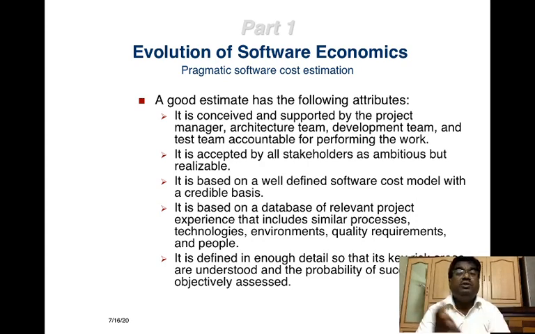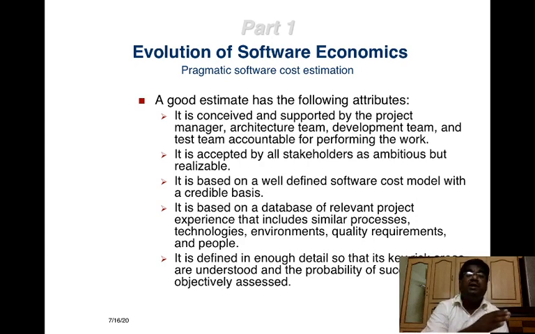As I told you in the previous slide also, the development of the entire project is based on the cost estimation. Based on the cost, the entire project will progress. If the cost is wrongly estimated, definitely it leads to so many complications, because they have to spend the amount in various stages.